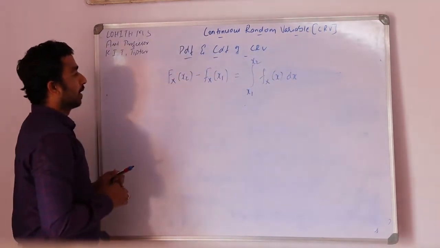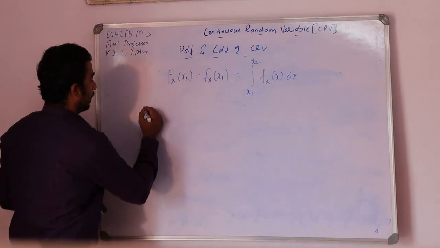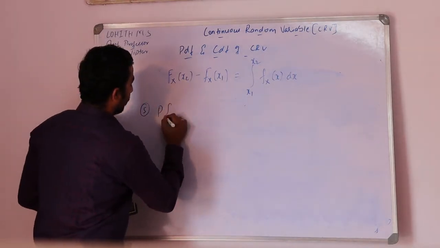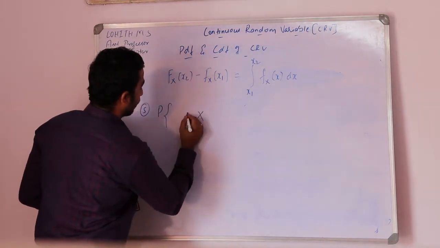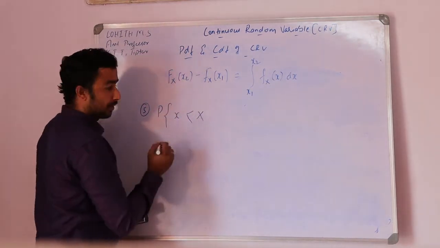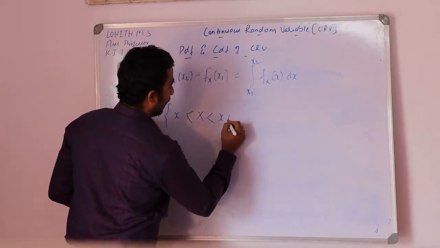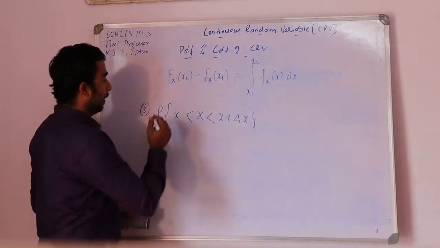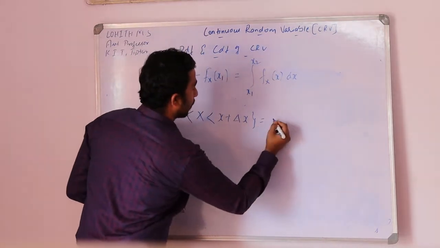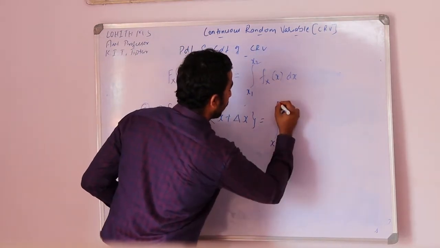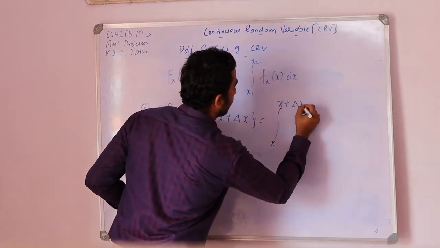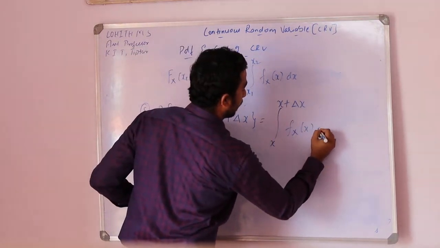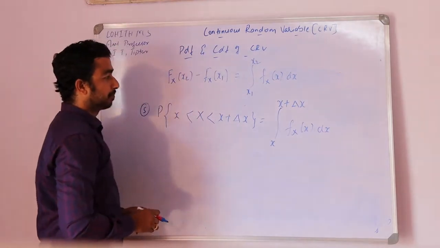So from this we can write an approximation that if the probability is taken for x less than X less than or equal to x plus delta x, then this will be equal to the integral from x to x plus delta x of fx(x) dx.